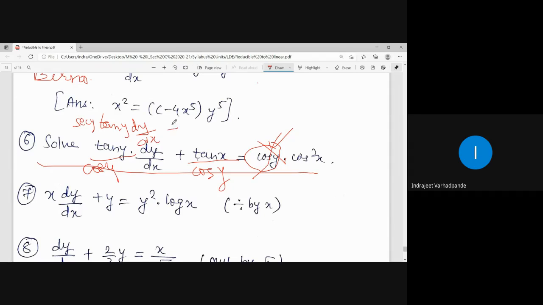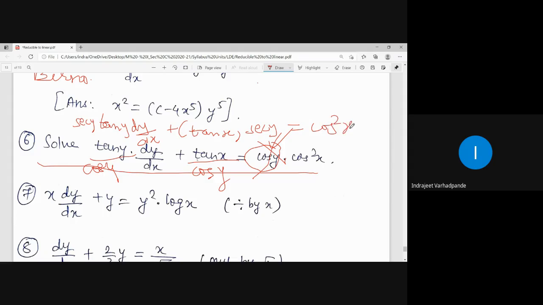plus tan x into sec y is equal to cos square x.